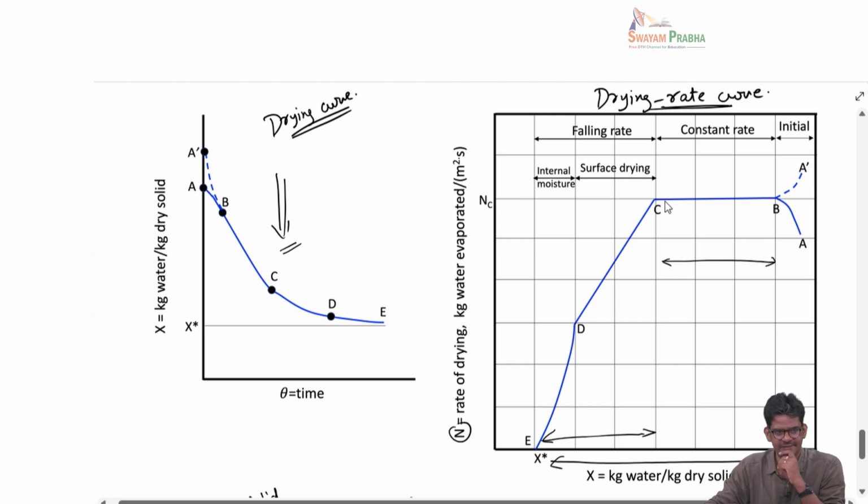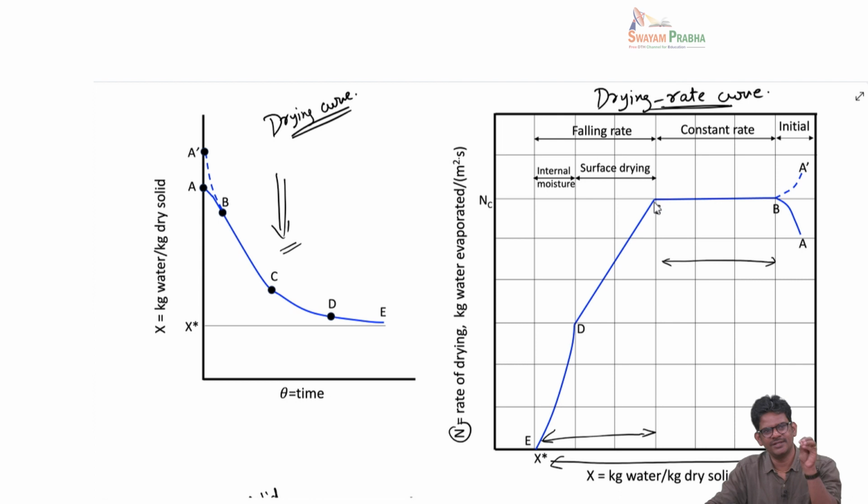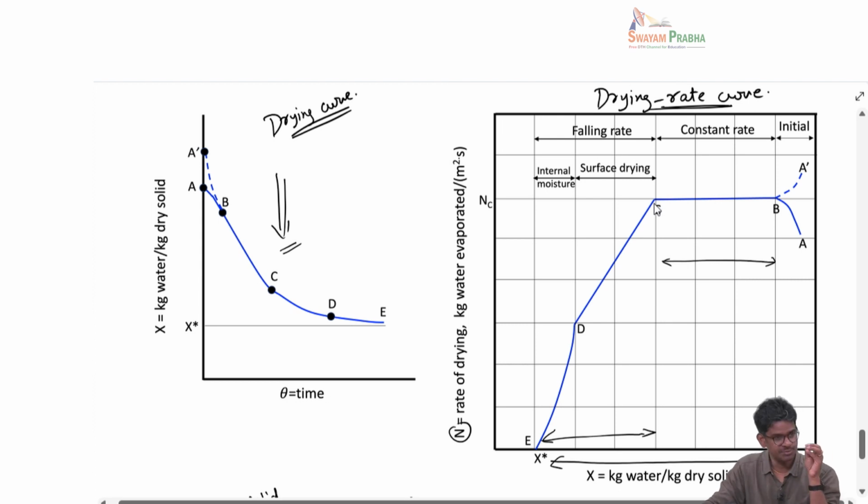Then what happens after that? You can still have drying continuing, and then once you have dried enough moisture, the surface would form some dry spots because the thin film is getting evaporated, and then you will have a few pockets of dry spots on the surface of the solid. Okay.